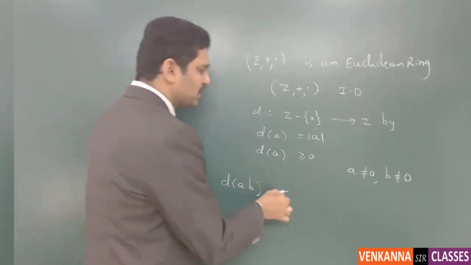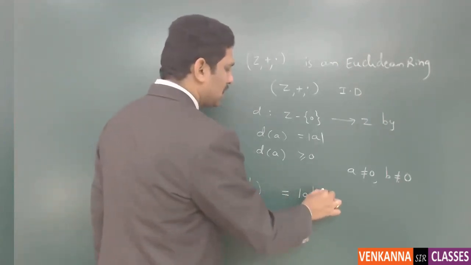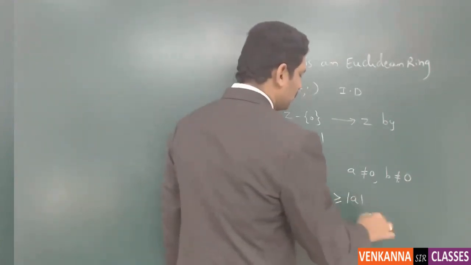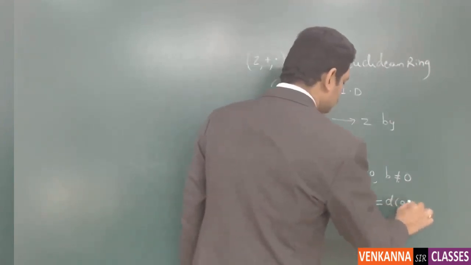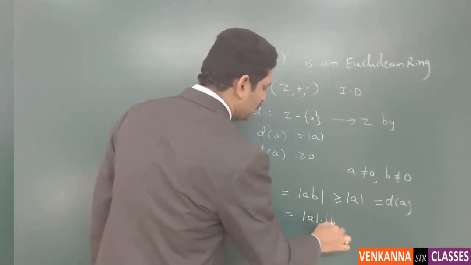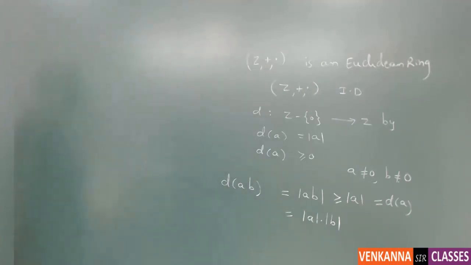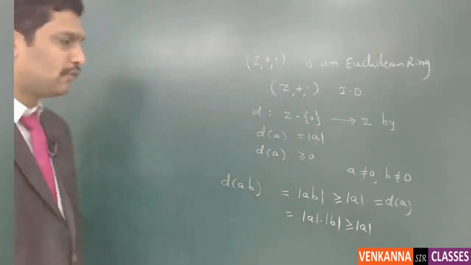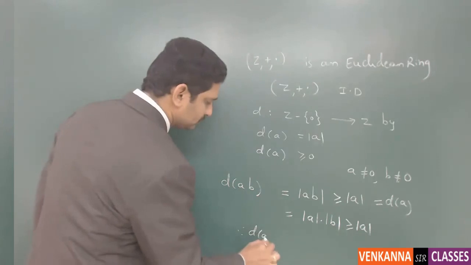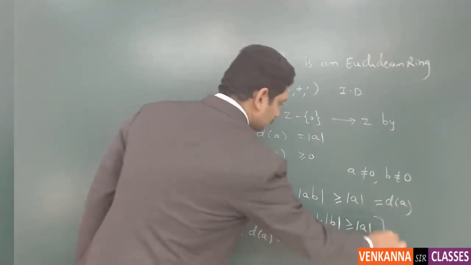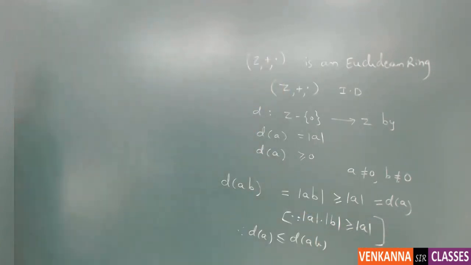As per the function definition, it is modulus of ab, and we can say that this is greater than or equal to modulus of a, nothing but d of a, because as we know, modulus of ab is nothing but modulus of a into modulus of b. So it will be greater than or equal to modulus of a. Therefore, the first condition is satisfied. Accepted all? The first condition.